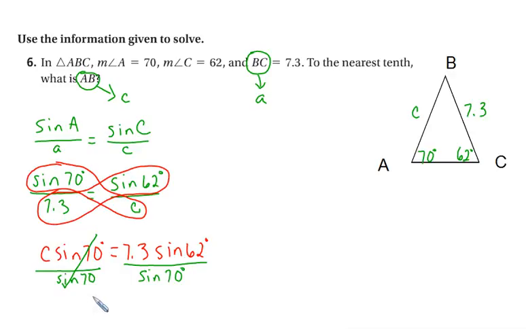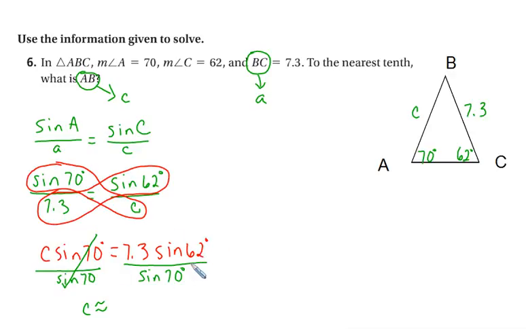Now, let me caution you about an error that students sometimes make when entering this in their calculator. They'll put in 7.3 sine of 62 divided by sine of 70 without closing the parentheses that the calculator puts in there. And when you do that, it's only going to divide the 62 by sine of 70 instead of this whole value.